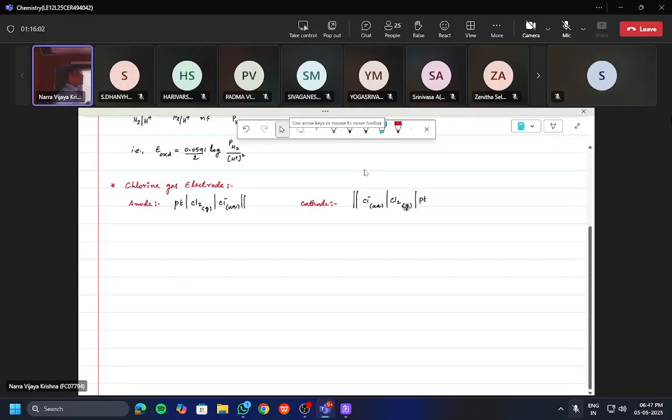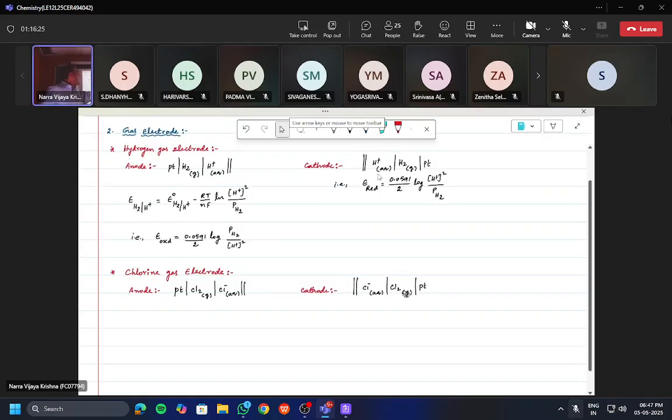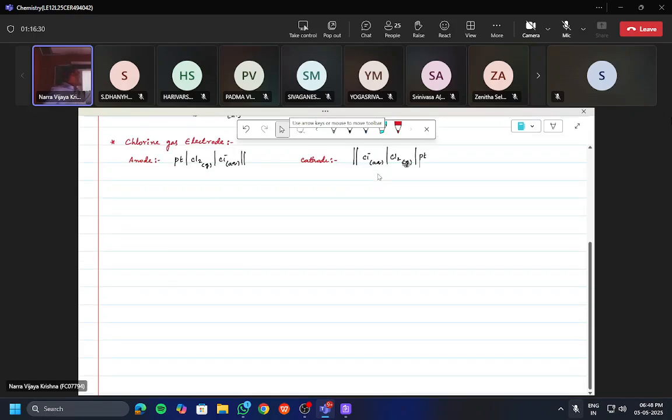At anode, what happens, oxidation or reduction? At anode, always oxidation; at cathode, always reduction. Now, what is the oxidation reaction of this? Don't write Cl2 to Cl minus, that is reduction. If it is a cation, H2 to H plus is oxidation. If it is an anion, I need to write the reaction in reverse.